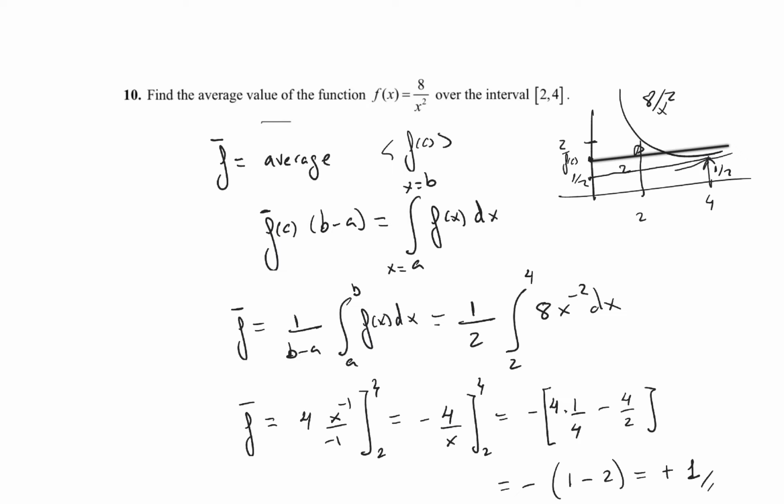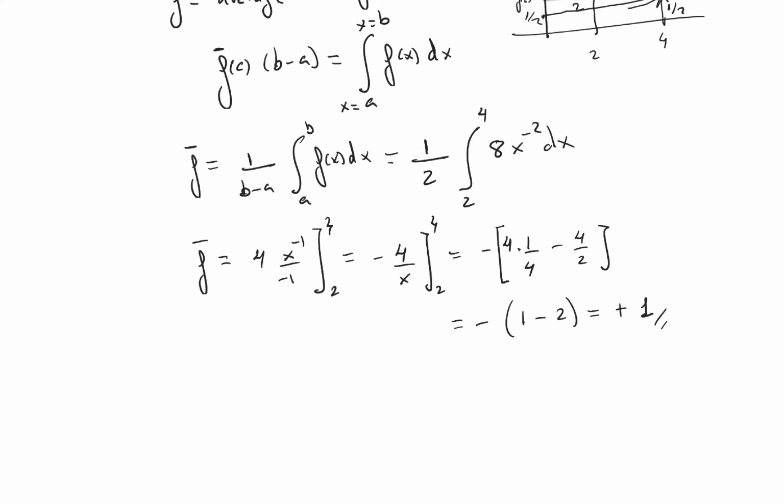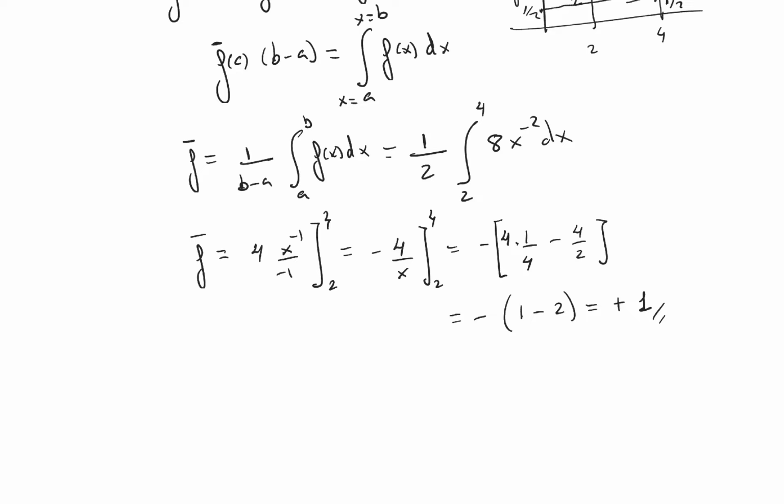The average value is the value that, between 2 and 4, if you substitute the function a divided by x squared by a horizontal function whose height is 1, the area will be the same. So the area is 1 multiplied by the area when you consider f average.